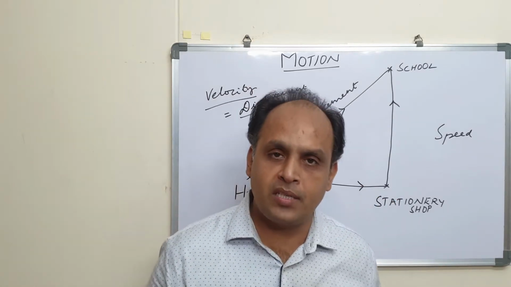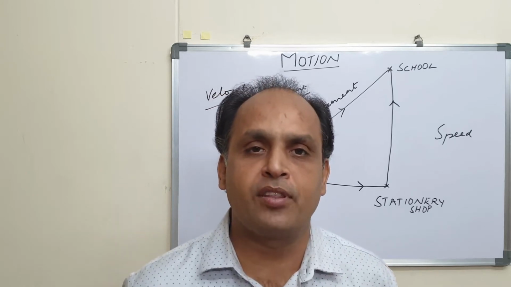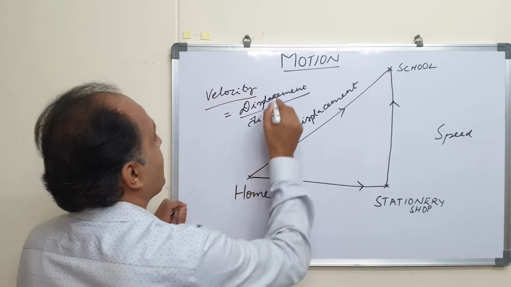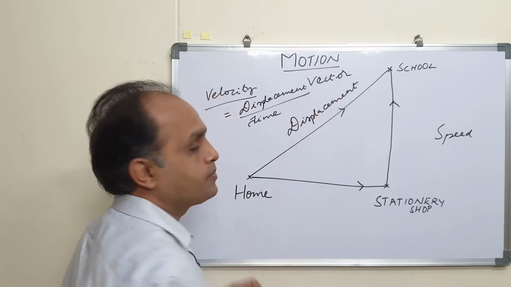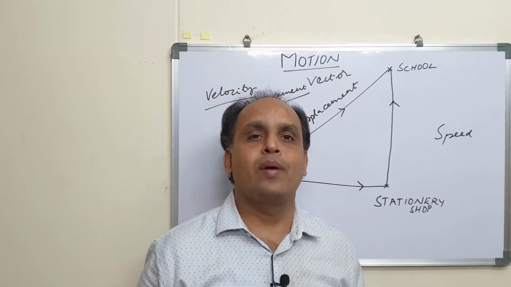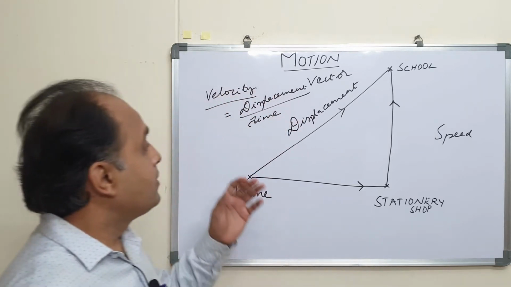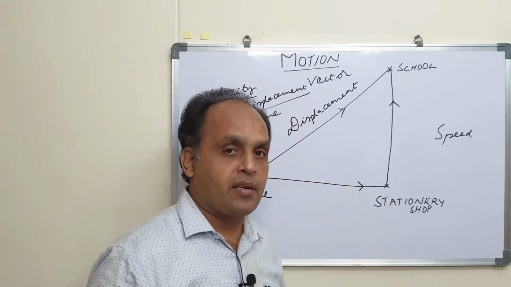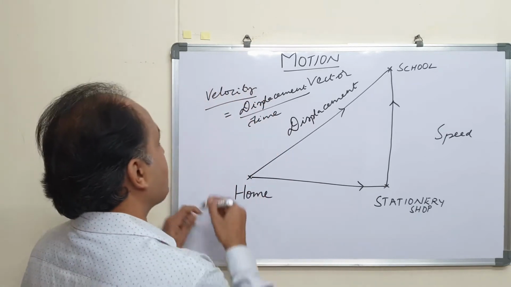Now, since velocity is also associated with direction, we can say that velocity is a vector quantity, just like displacement. Just the same way as speed, the units are meters per second, kilometers per hour, and miles per hour. Even for velocity, it's the same.